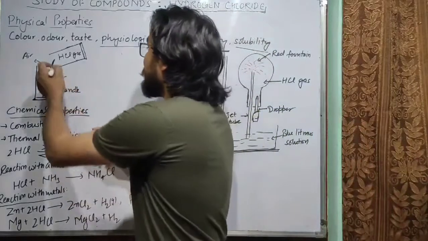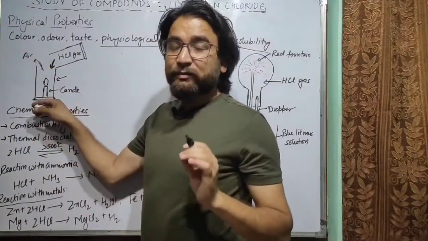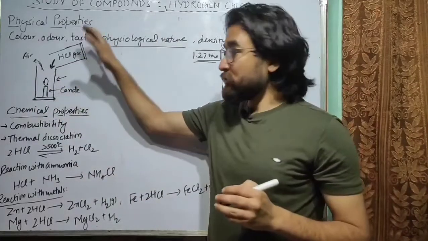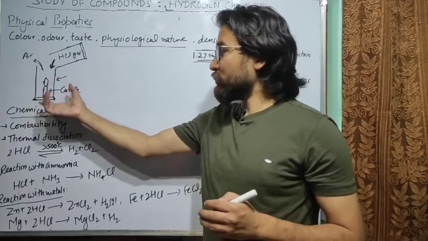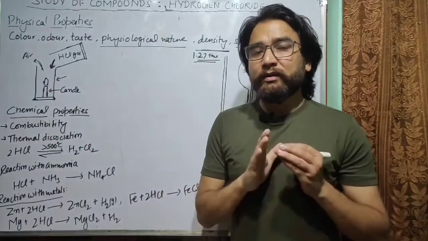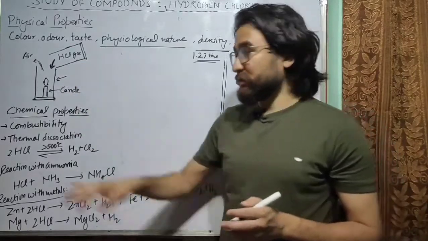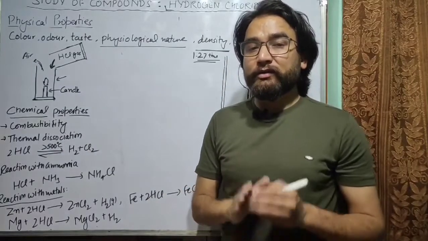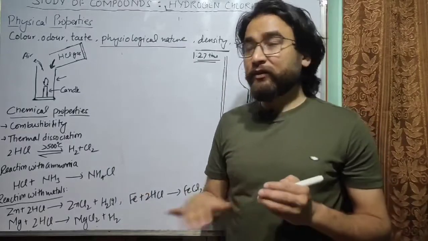Because the air escapes from the flask, because air is lighter than HCl gas. So HCl occupies the space inside this flask. Therefore the air is not there for combustion, and HCl is not a supporter of combustion. So the burning candle will extinguish. This proves that HCl is heavier than air.